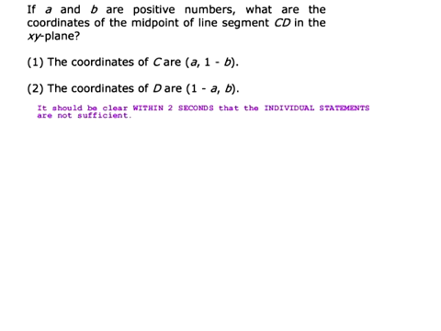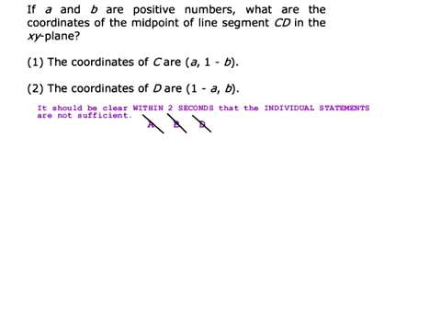you at least have to have some piece of information that pertains to both points. If you only have something about C and not D, and you only have something about D but not C, then the other point can be anywhere at all. In statement 1, D could be literally anything. Also, there's the other problem that these are variables, so this could be anywhere too.